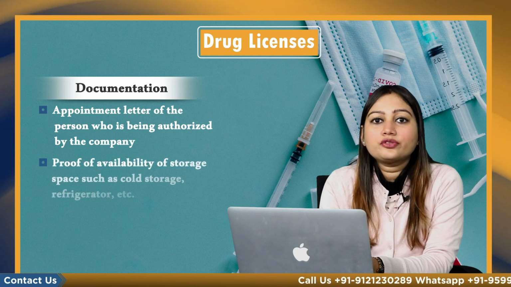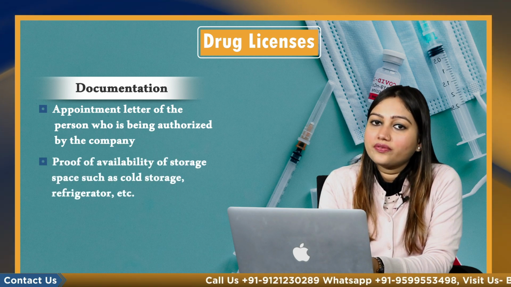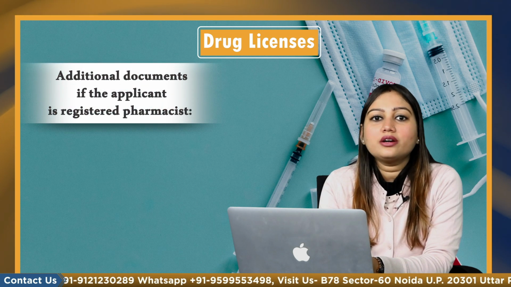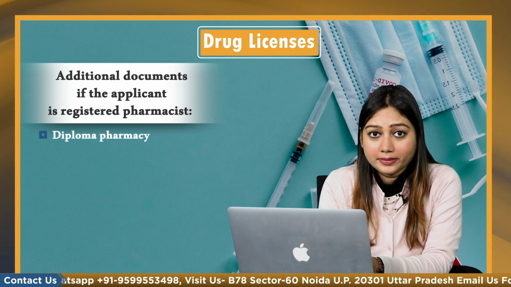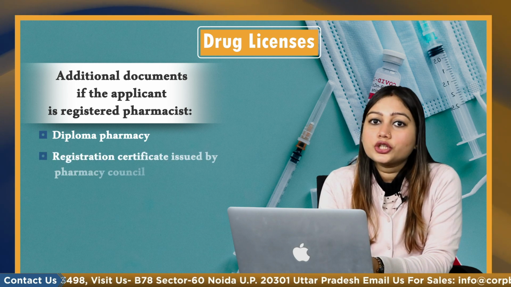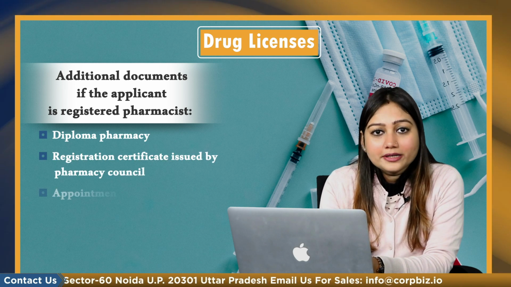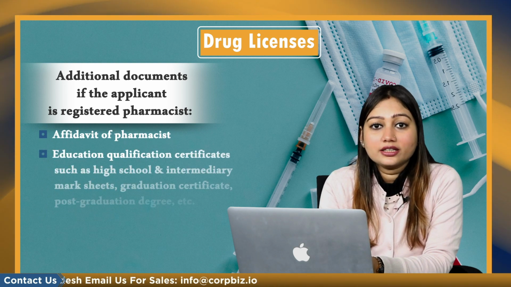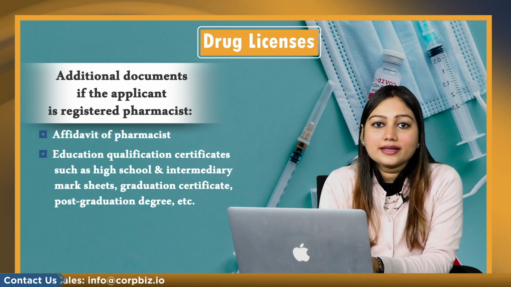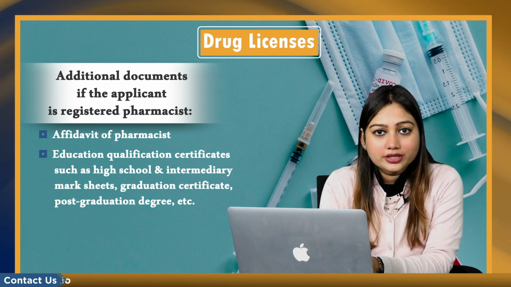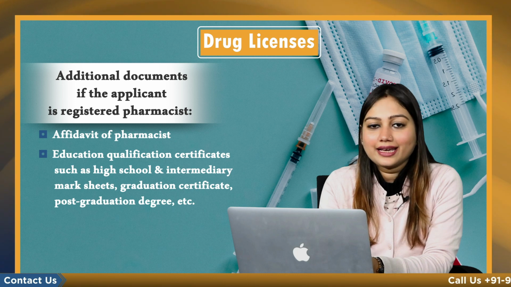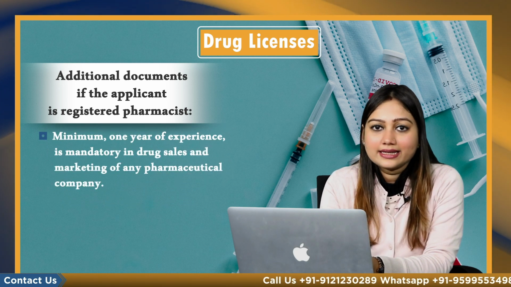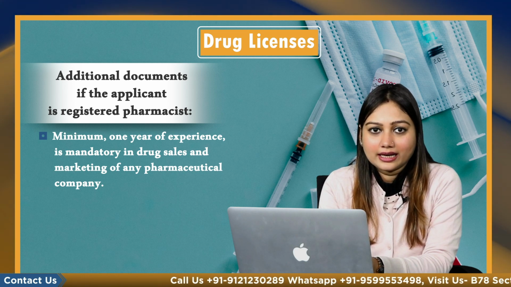Proof of availability of storage space such as cold storage, refrigerator, etc. Additional documents if the applicant is a registered pharmacist: diploma of pharmacy, registration certificate issued by the Pharmacy Council, appointment letter, affidavit of the pharmacist, educational qualification certificates such as high school and intermediary mark sheets, graduation certificate, post-graduation degree, etc. Minimum 1 year of experience is mandatory in drug sales and marketing of any pharmaceutical company.